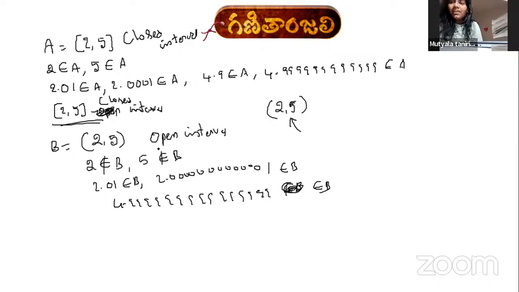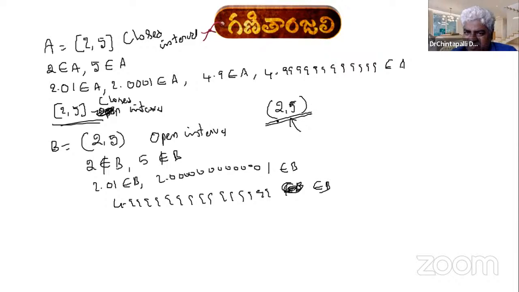Some say 4.9. Can you tell the highest number in this set? 5 is the last number, 2 is the beginning number.